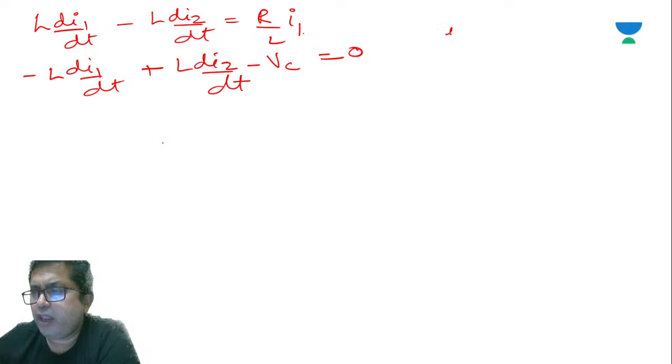What are the state variables? I1, I2, Vc.